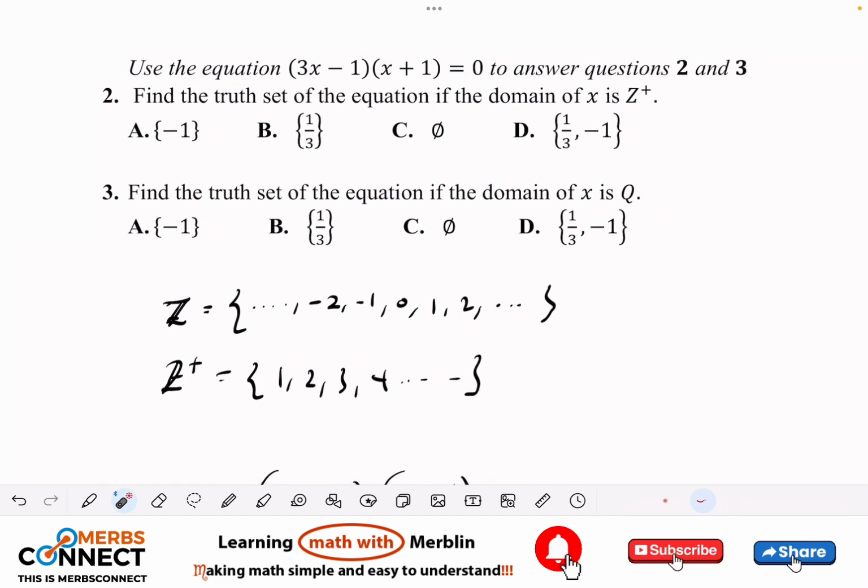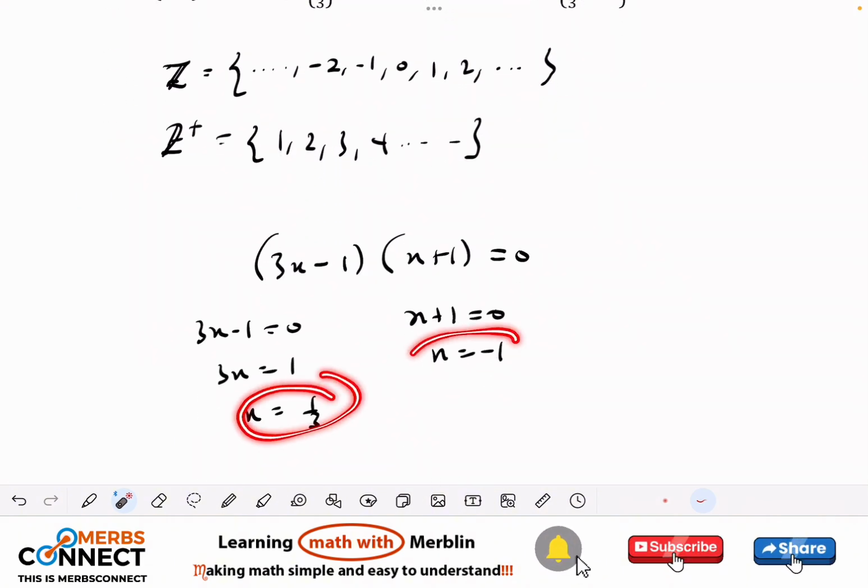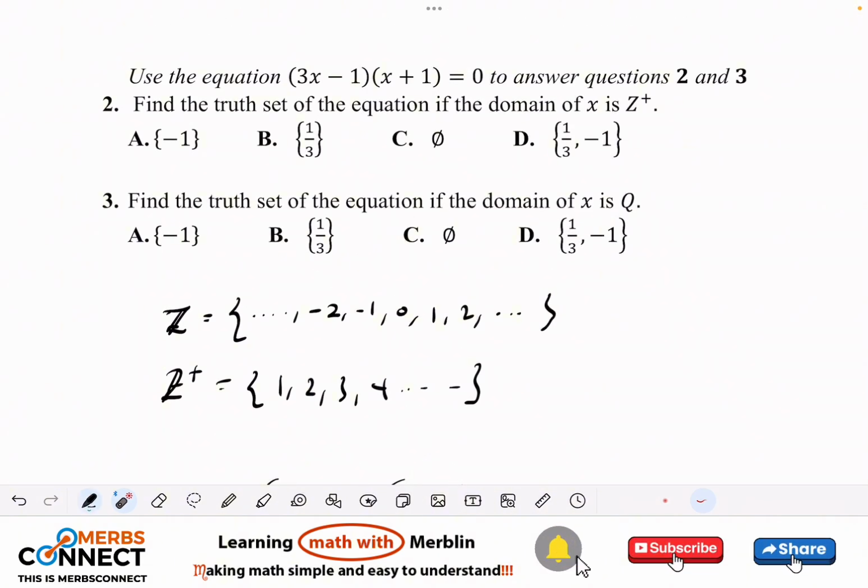It means that the best option for us to choose here is the empty set, because we don't have a positive integer belonging to our x here. Right. So the best option for us to choose here is option C, right? Because minus 1 is not a positive integer, and 1 over 3 is positive, but 1 over 3 is not an integer.